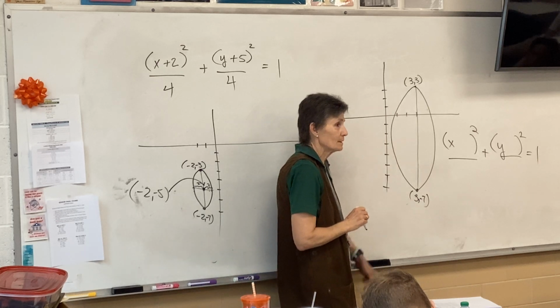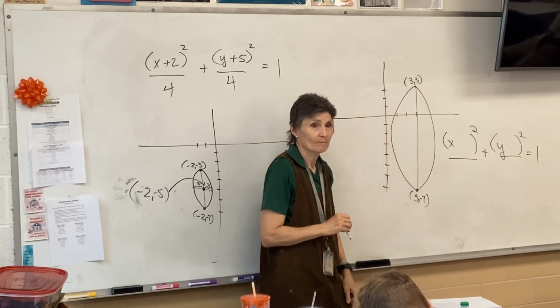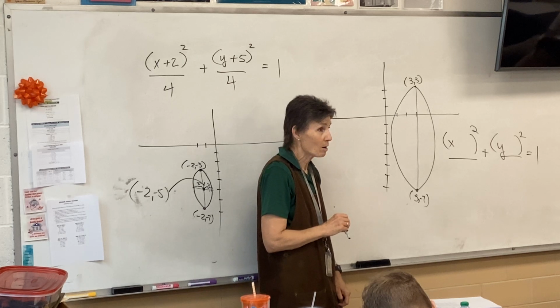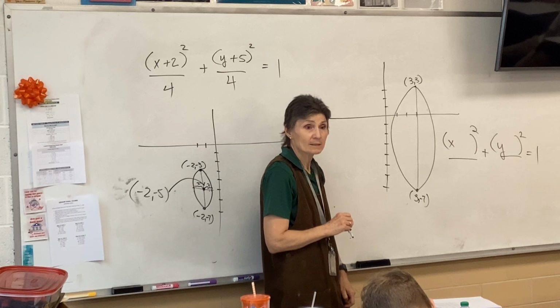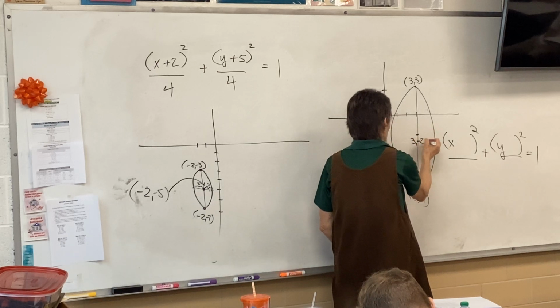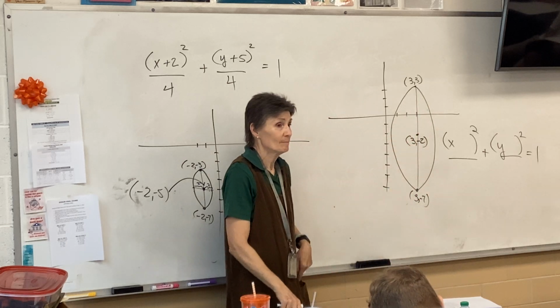Where's your center? Halfway between 3 and -7. So 3 plus -7 is -4, divided by 2 is -2. So (3, -2). Does that make sense to everybody?